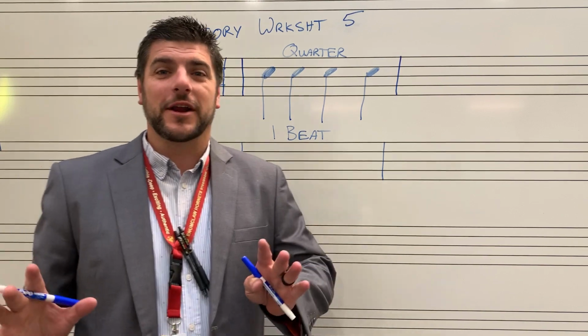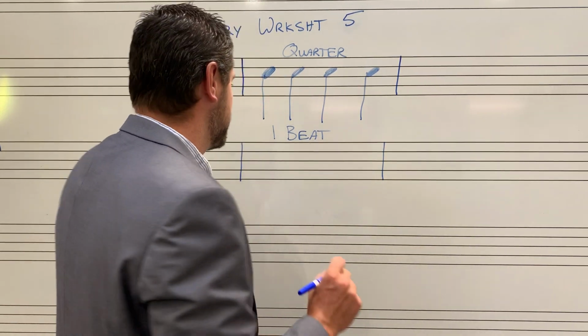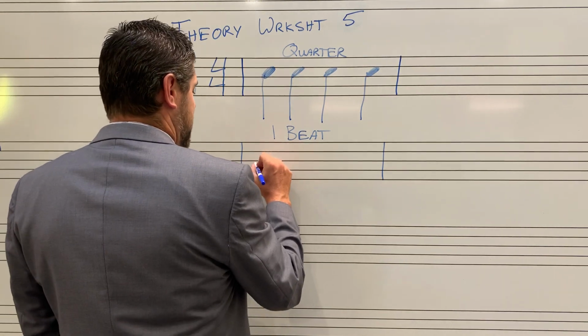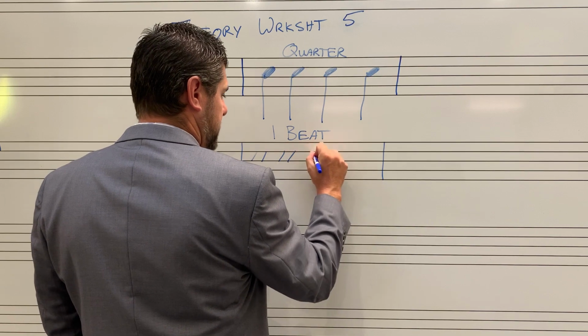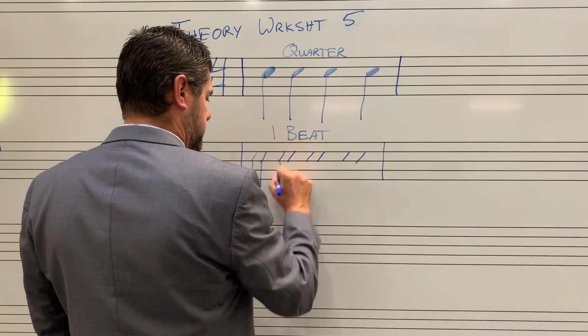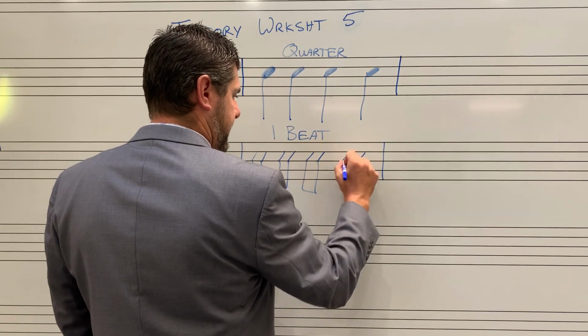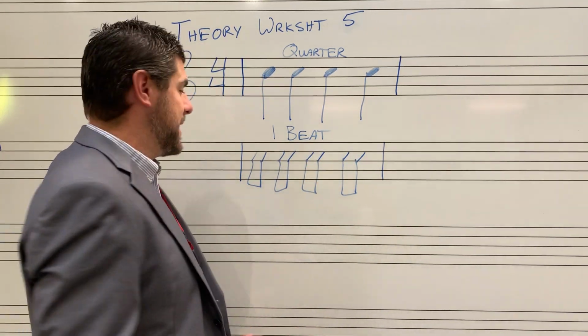Okay, now we're going to get a little bit trickier. This is going to get exciting. Okay, we're now going to move to eighth notes. I'm going to get a little sloppier in my note writing. Again, stems up, stems down, doesn't matter.